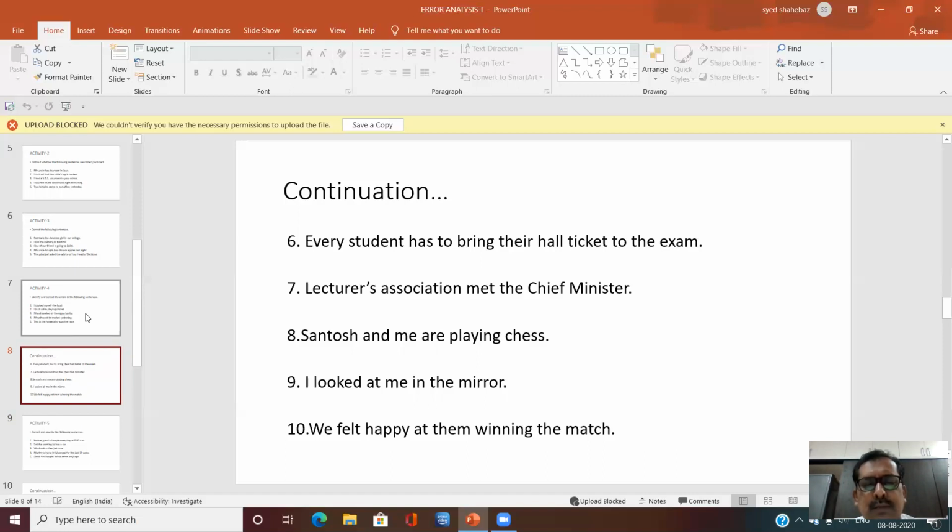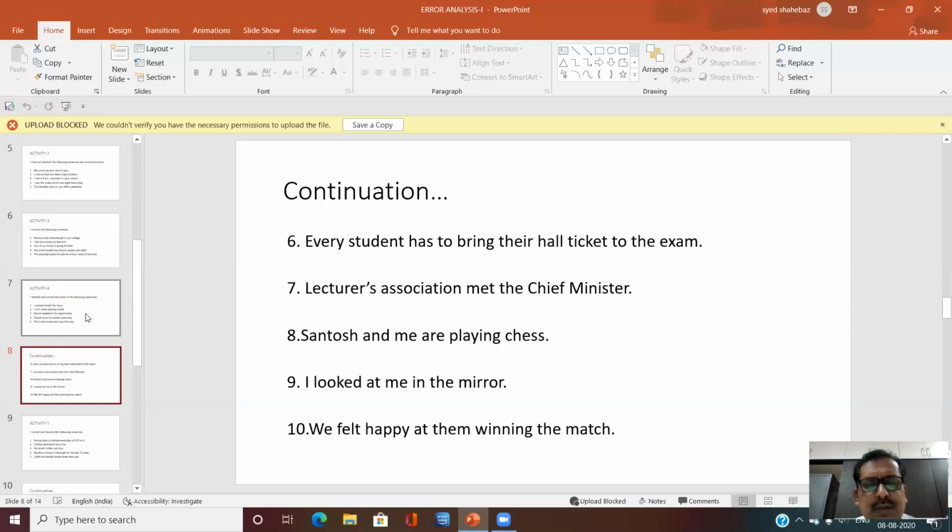I looked at me in the mirror. I looked at myself in the mirror. Myself, not me. The reflexive pronoun myself has to be used in place of me.